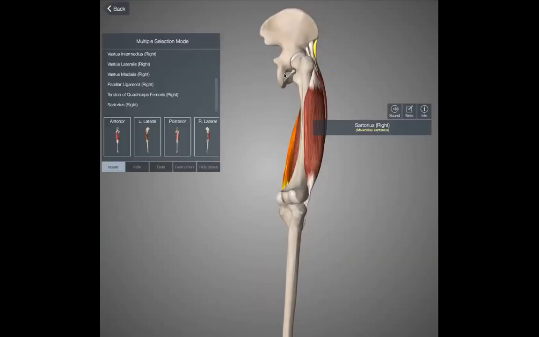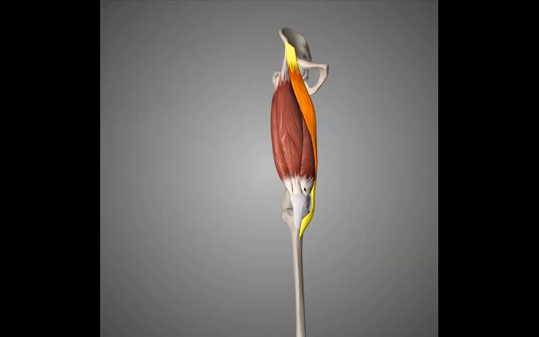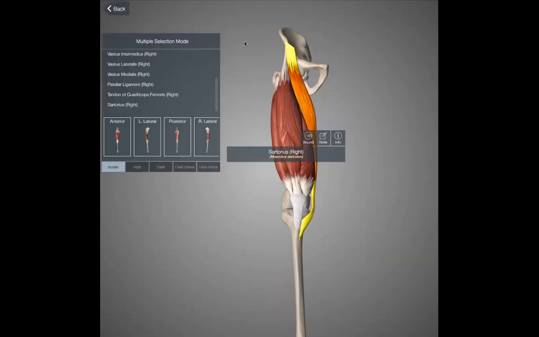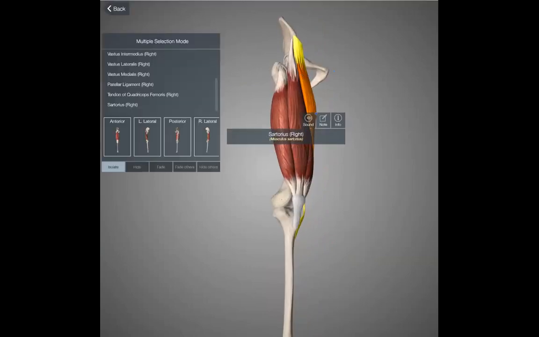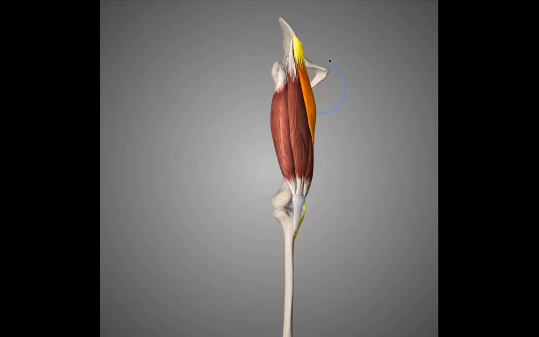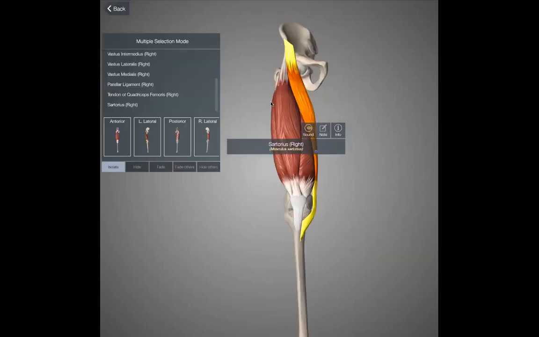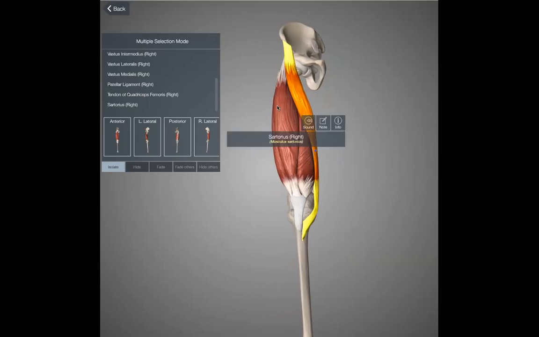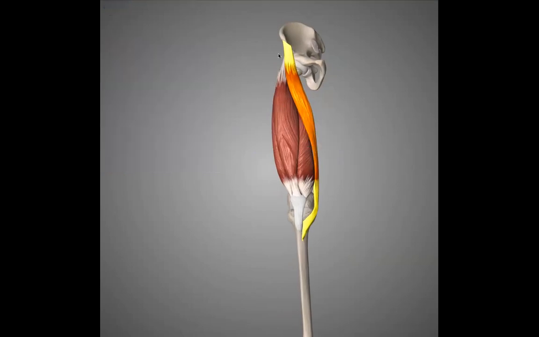We want to know exactly what it does when it contracts. If this muscle contracts, it becomes shorter. It will flex the hip joint. It will also abduct it. What does that mean? Abduct means that if it contracts, it will cause this movement of the whole leg, as if you're spreading your legs.